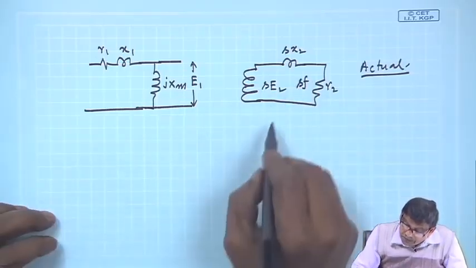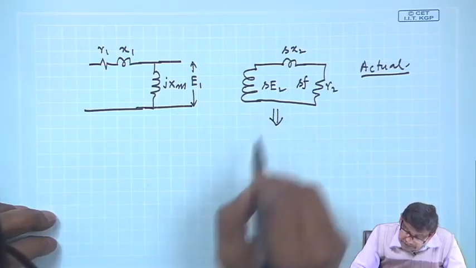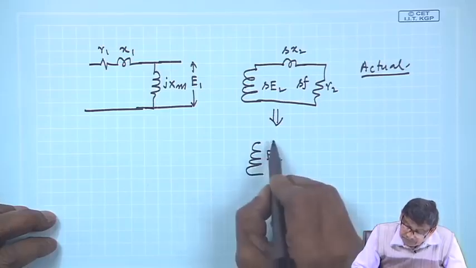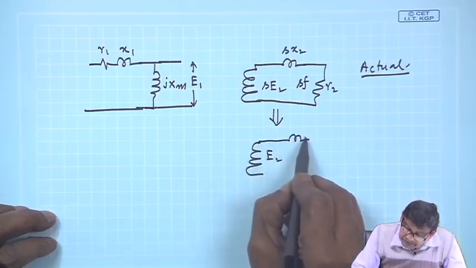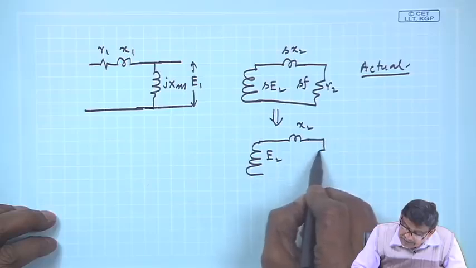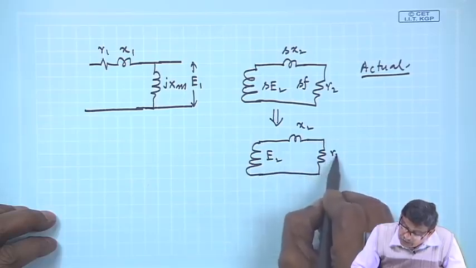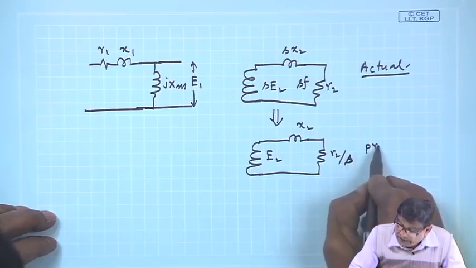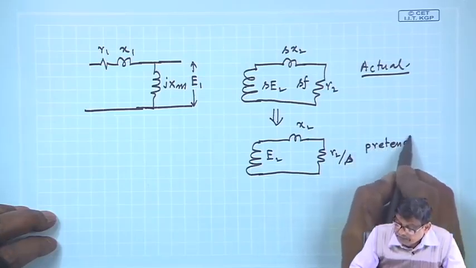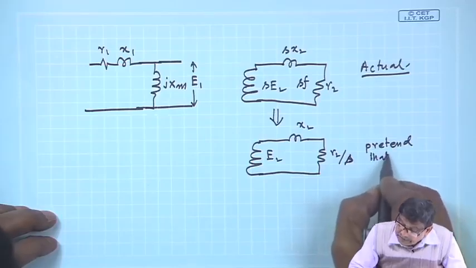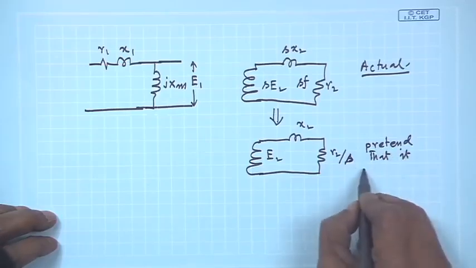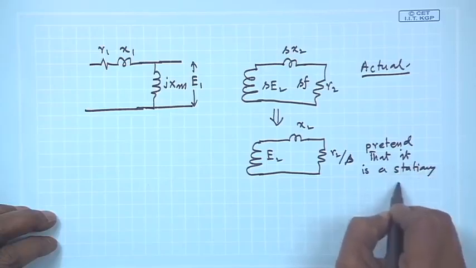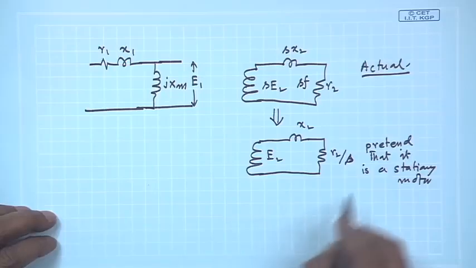Now, I am telling, this circuit is E2 divided by S, X2, and this resistance is R2 by S, and pretend it is a stationary motor, at standstill.